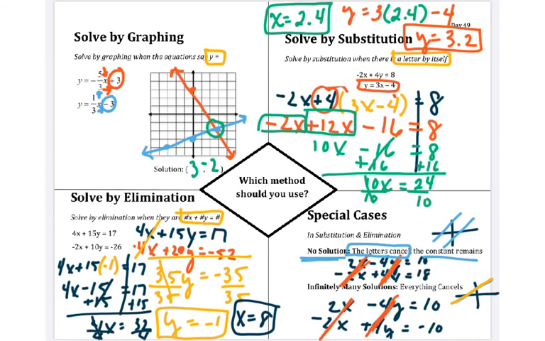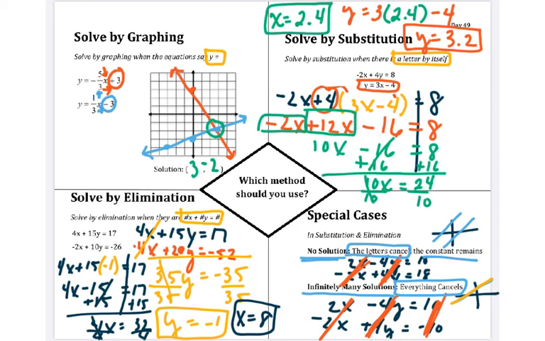Negative 4 plus 4, goodbye, that cancels. 10 minus 10, goodbye, that cancels. So in order for this to be infinitely many solutions, all of the letters algebraically would cancel because it's the same line. So if you were to graph them, they would sit on the exact same line. Infinite number of solutions because every single spot on that line is a solution.